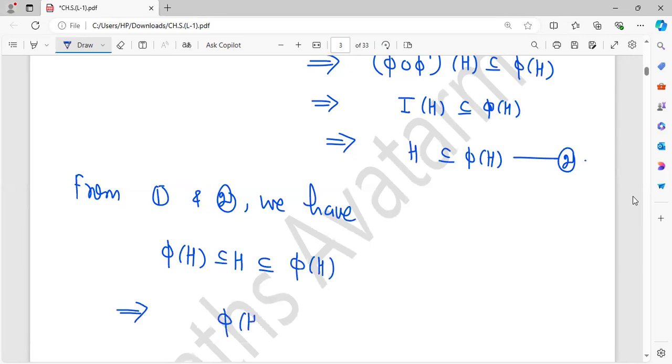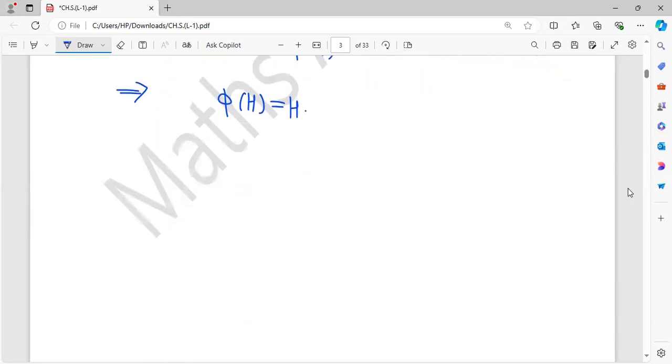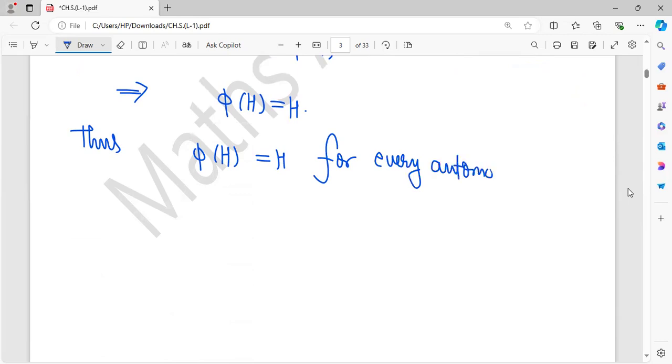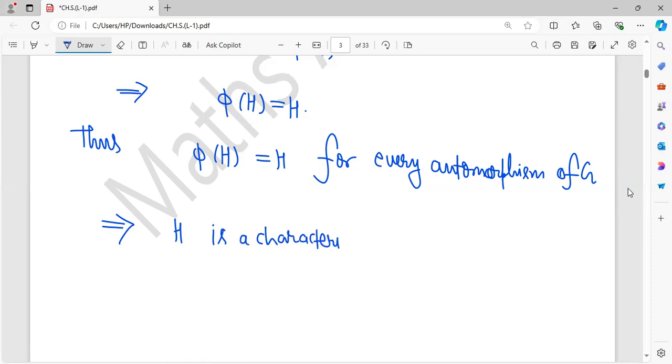It means that phi H is H. Thus, phi H is equal to H for every isomorphism of G. So this implies H is a characteristic subgroup of G. So this theorem is proved now.